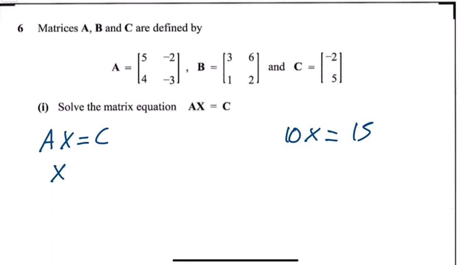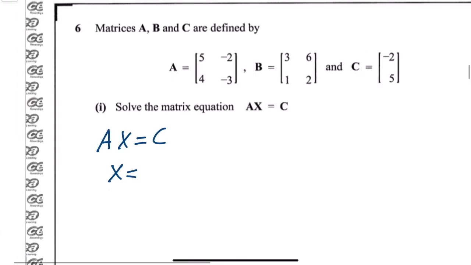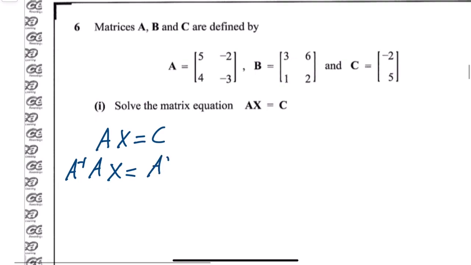So I'm going to say the inverse of A times AX is equal to the inverse of A times C. Now, very important as well, notice I put the inverse of A in front on the left-hand side. I have to put the inverse of A in front on the right-hand side as well, because for matrices the order matters. So it's not just like normal numerical multiplication where 6 times 7 is the same as 7 times 6. For matrices, it matters which way around you do it.